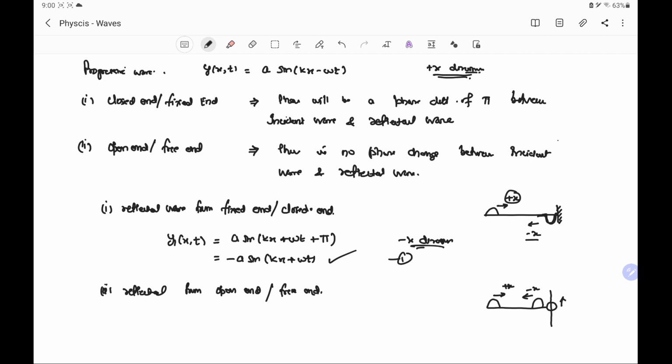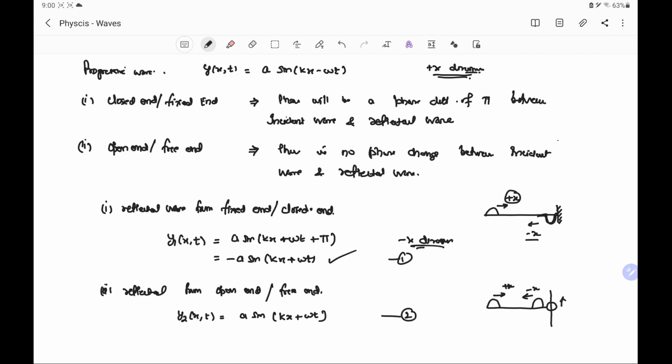This is the reflected wave, and there is no phase change, so we can write the reflected wave y2(x,t) equal to A sin, with the same amplitude, moving in the opposite direction, the negative x direction, so we write plus ωt here: y2(x,t) = A sin(kx + ωt). There is no phase change, so this is equation number 2.